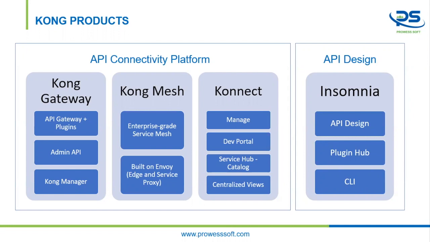An API gateway here is a reverse proxy that allows you to manage, configure, and route requests to your APIs. It comes with a host of plugins, some of which are open source, available for free, while others come with enterprise subscription.